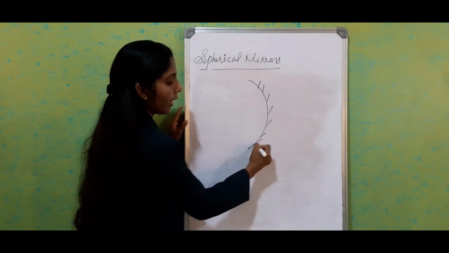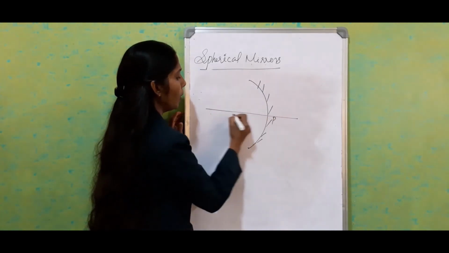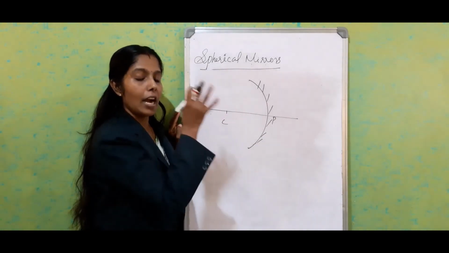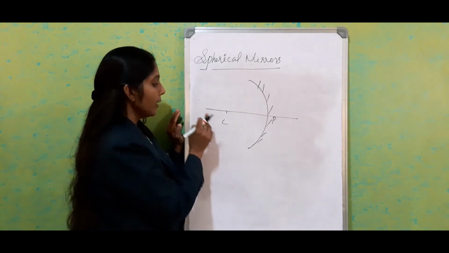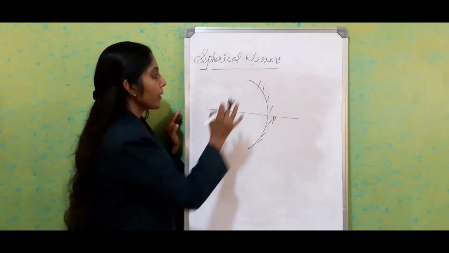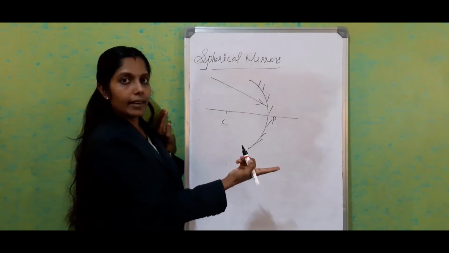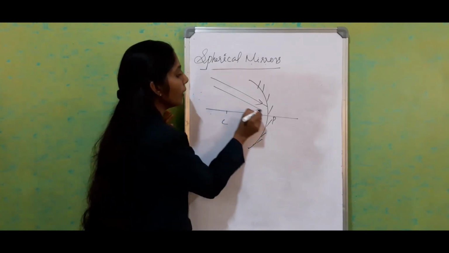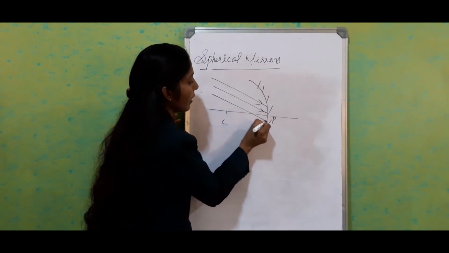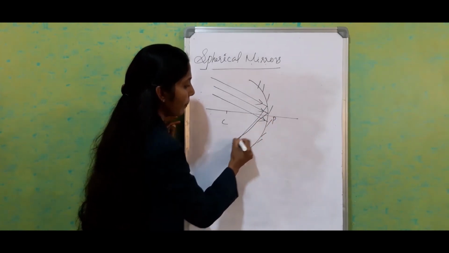Consider this a concave mirror. Draw the principal axis, pole, and center of curvature. Whenever we are drawing a picture, we have to mark the center of curvature, pole, and the one-side coating. Just consider some inclined or slanted rays falling on the mirror like this. After reflection, they will come and meet at a point.